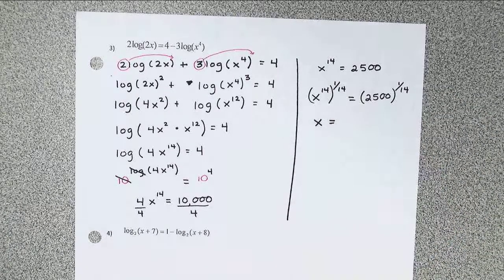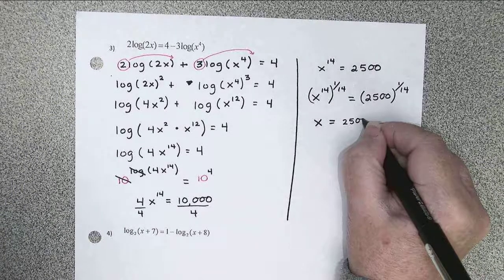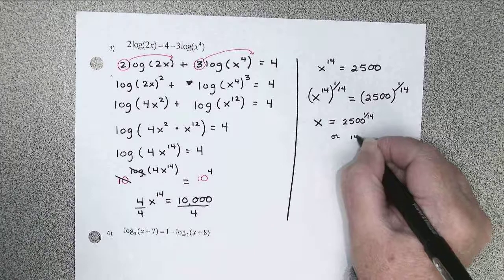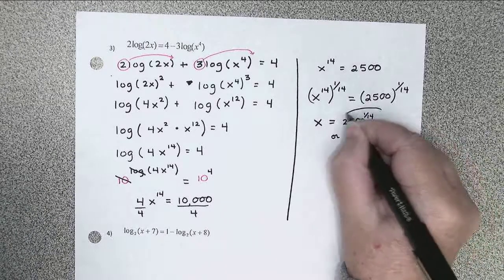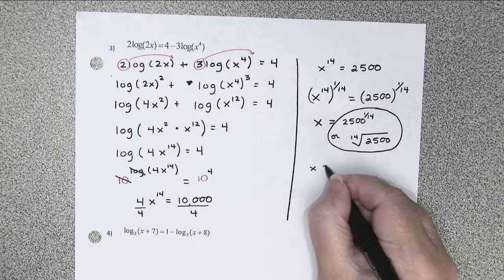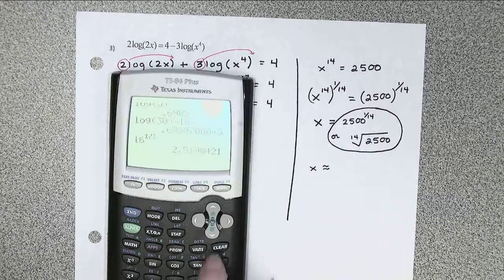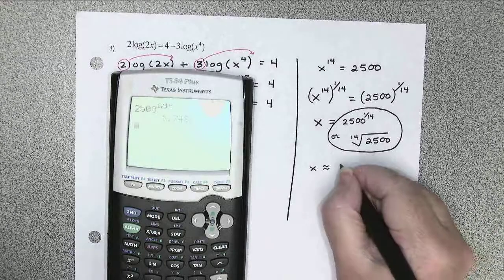Multiplying just gives me x to the first, and 2,500 to the 1/14th, or the 14th root of 2,500, is my exact answer. I can use the calculator to get a decimal approximation for that. It's about 1.749.